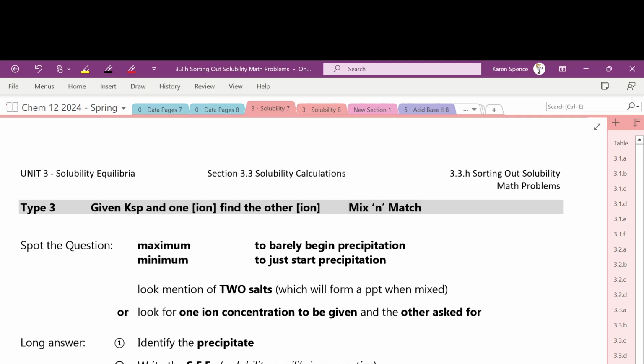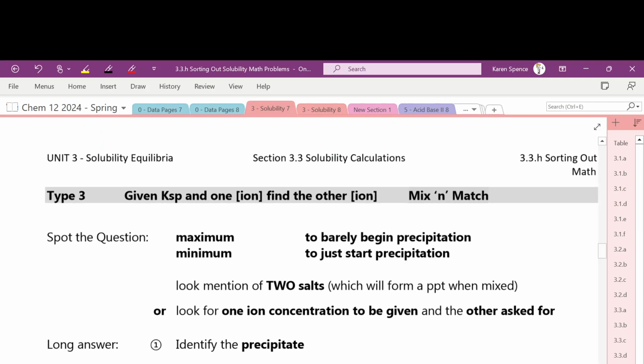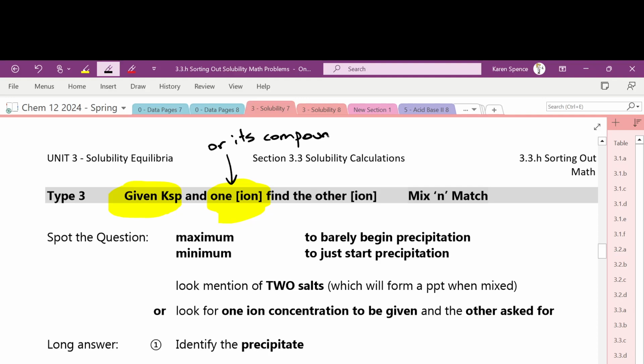So here we have, you will be given the Ksp and you will be given the concentration of one ion or the compound. And then you'll be asked to find the other ion concentration or its compound.